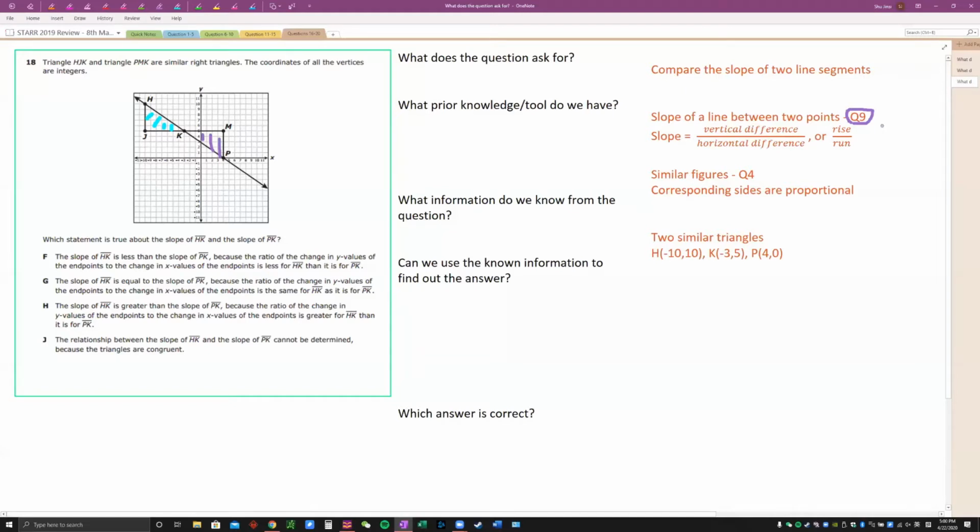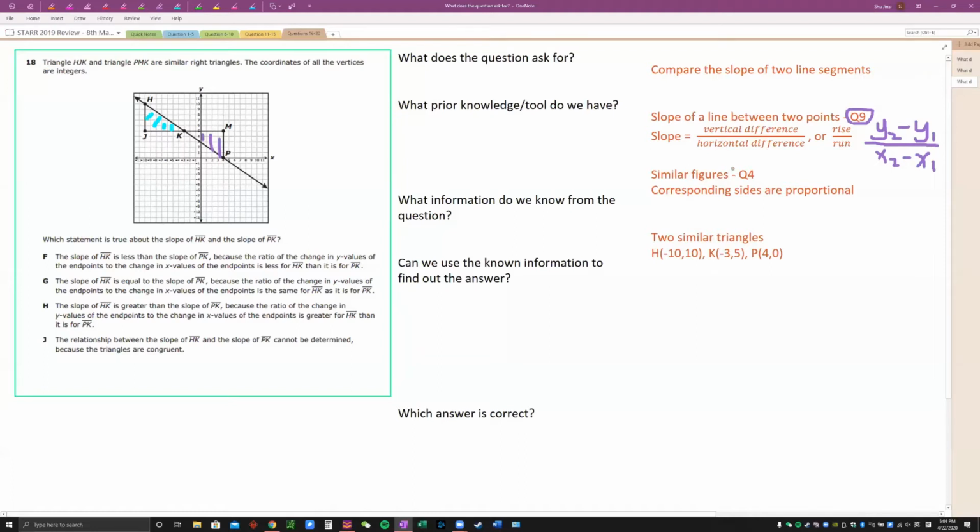If we are going to do the calculation, it's going to be y2 minus y1, their vertical difference, divided by x2 minus x1. So this is the method to calculate the slope.